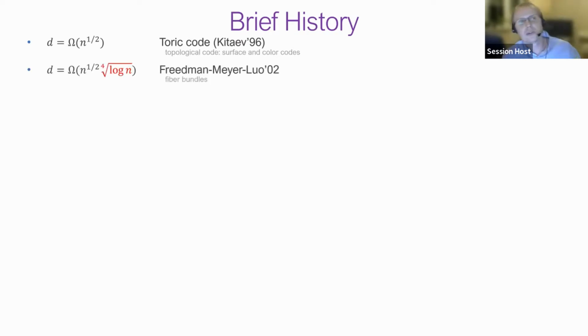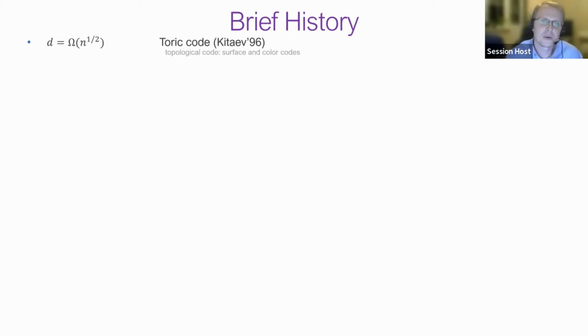I forgot to say that these codes, the historic codes and surface and color codes, have minimum distance that grows only as a square root of n.